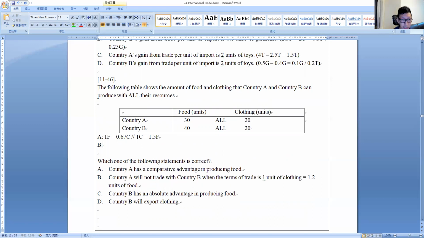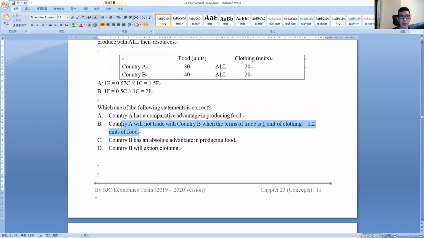That would be 1F equals to 0.5 C, or 1C equals to 2F. Last time we talked about the question, the answer is B, but we didn't explain.